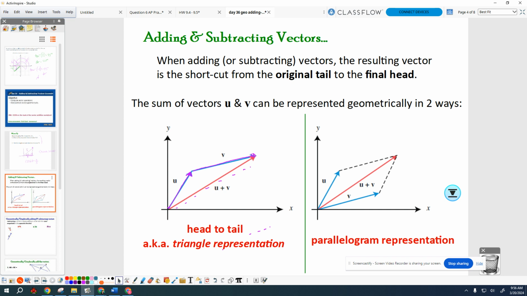I highly recommend the first one, which is take them head to tail. Put the new starting point at the arrow, glue the arrow together, and wherever the open starting point was to wherever the open ending point was, that's how you add.